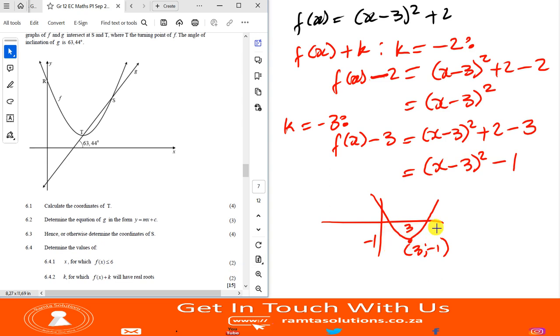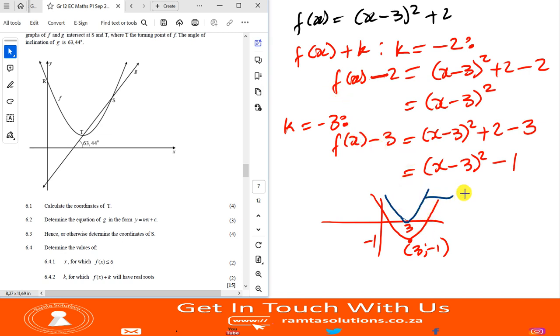As you can see, it has real roots now. The previous one was going to be like this.